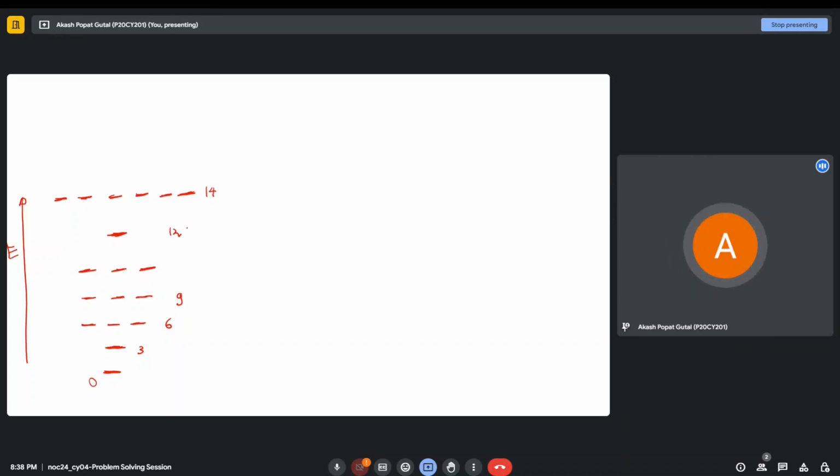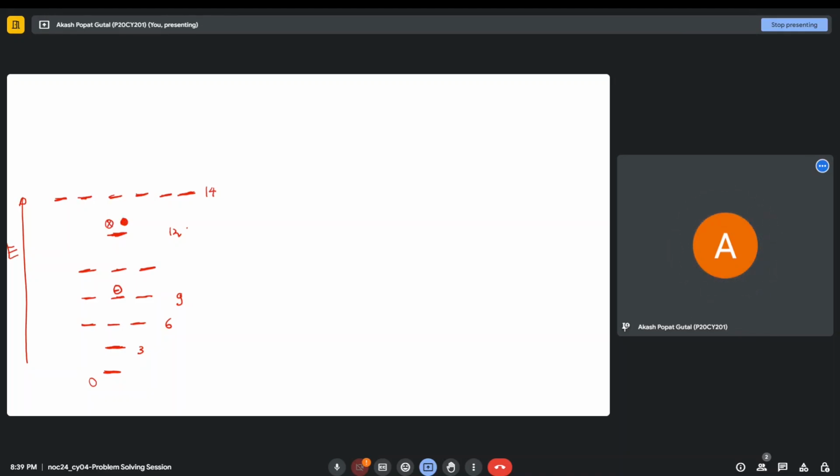So each particle can have the respective energies in the three-dimensional box. So what combinations did we find? Let's say one particle is at 9 and two particles at 12.